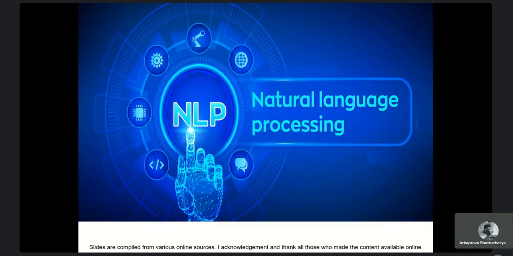Then we'll try to understand how the language models are being built. So this is the overall view of this lecture. Natural language processing is one of the most important and latest topics of artificial intelligence.